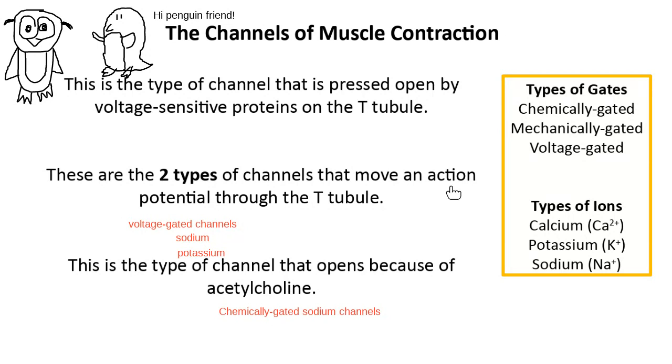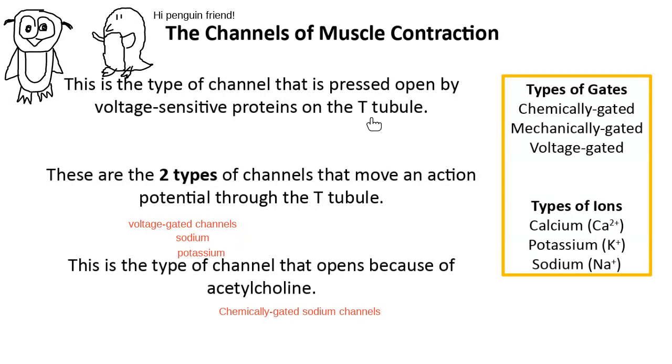So the two kinds of ion channels that are involved in action potentials, moving a high charge across the membrane, whether we're talking about the T tubules in a muscle cell or whether we're talking about an axon in a neuron. Action potentials are always caused by voltage-gated sodium channels and voltage-gated potassium channels.